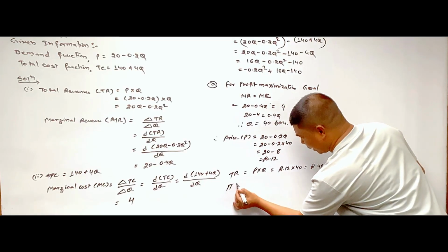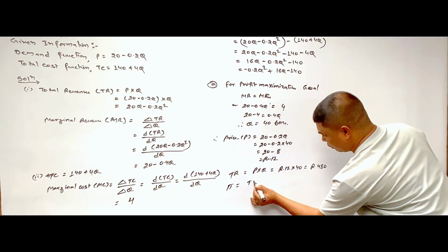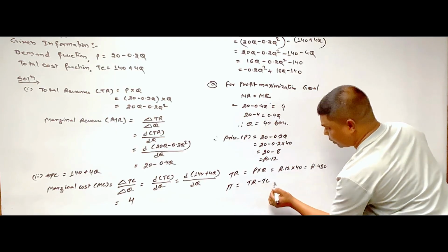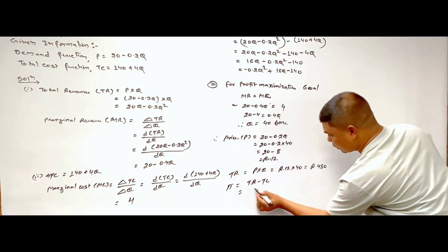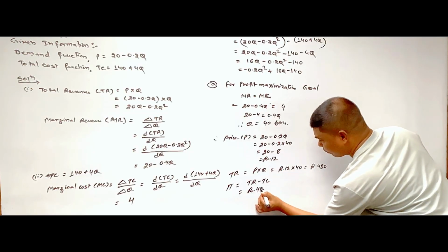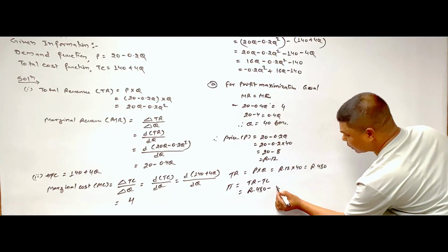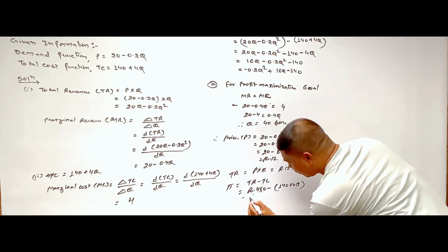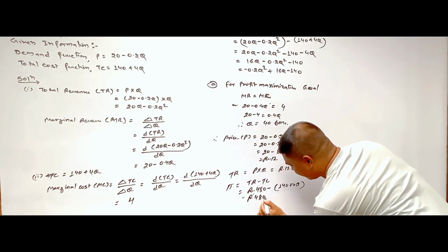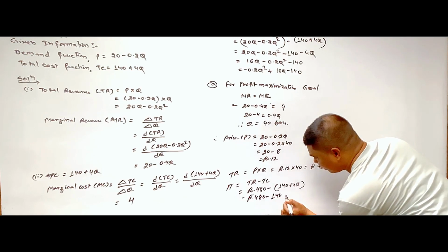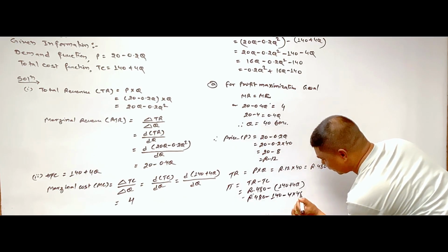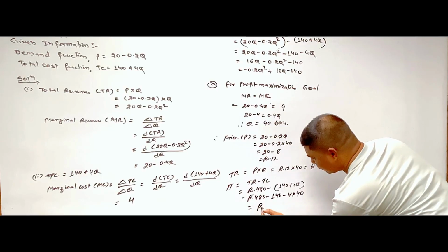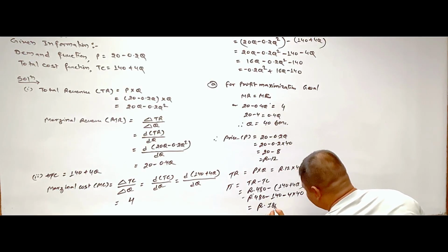And profit pi equals total revenue minus total cost. Total revenue is rupees 480 minus total cost, 140 plus 4Q: rupees 480 minus 140 minus 4 into 40, rupees 180.